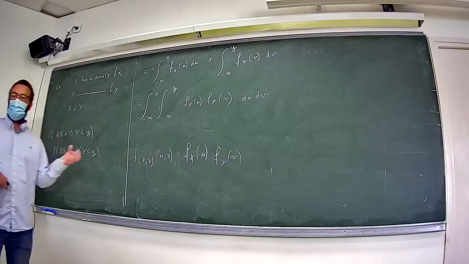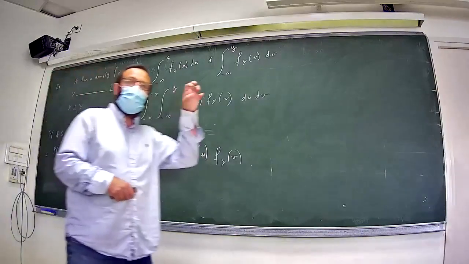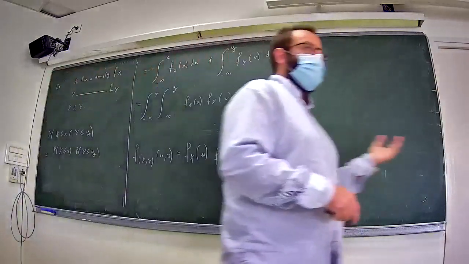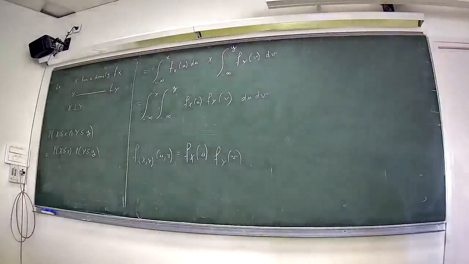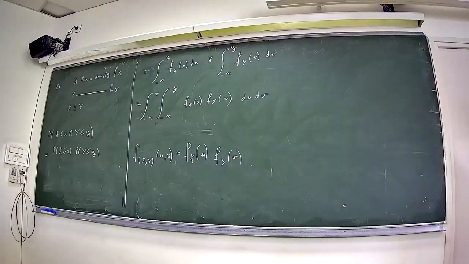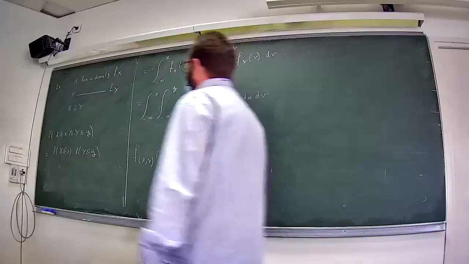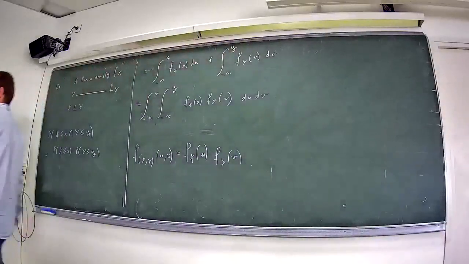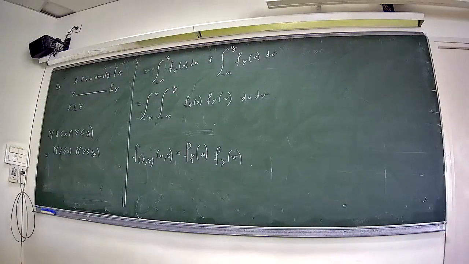You will have inside parts that will depend on u and v at the same time. And you will see the link between this and what we are going to do after the holidays, the conditional density function and the notion of conditional expectation. But in the case where they have density functions and they are independent, I have this.